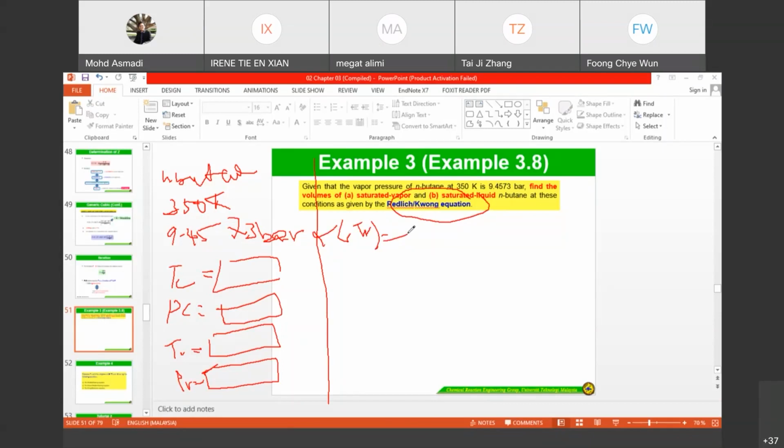What is the title in the textbook? Parameters for the equation of state. So you just Google and you can find that value.